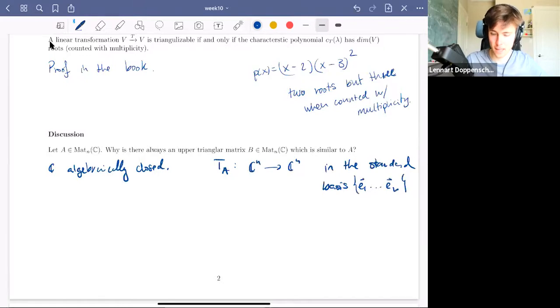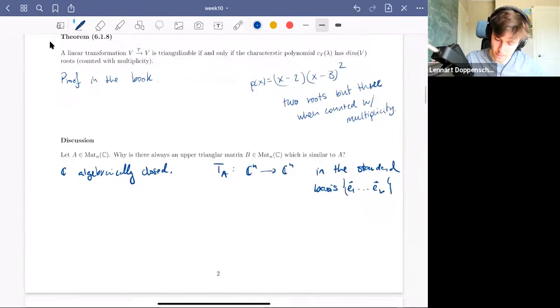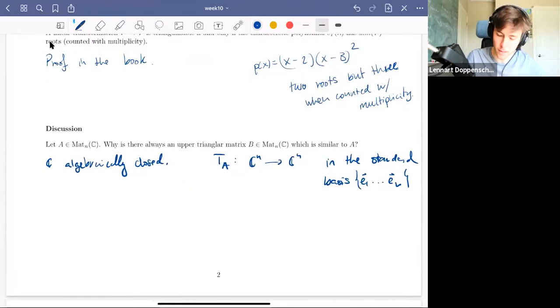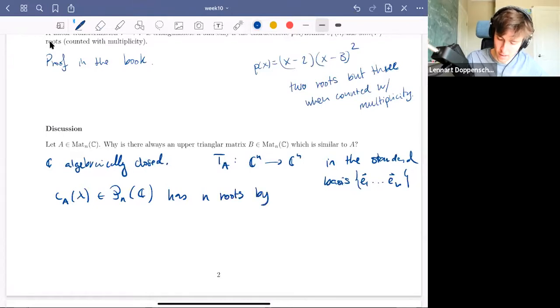Right, and then now, as Adrian said, the characteristic polynomial of A, χ_A(λ), is a polynomial of degree n with complex coefficients, and it has n roots by the fundamental theorem of algebra.